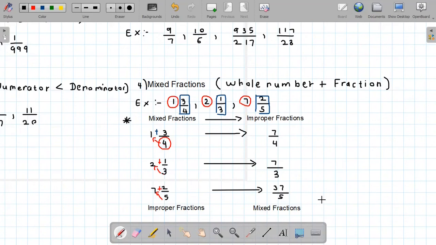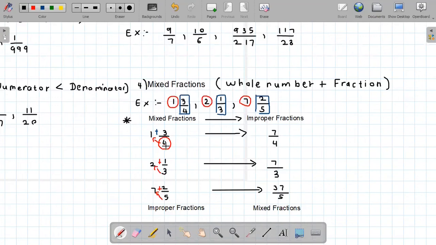Now we have learned how to convert mixed fractions into improper fractions, right? That's very easy. What did we do? We multiplied these two numbers first, 4 into 1, 4. Then we added this number 3 to that answer.